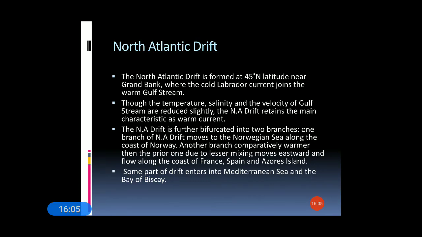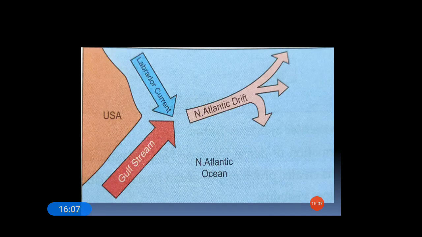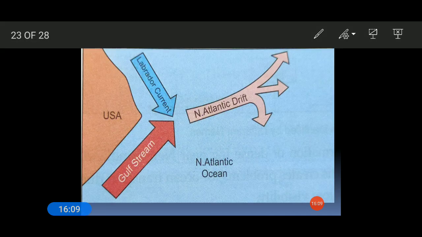Now look here first in this image. This is the North Atlantic Drift. From here it originates and moves towards the eastern side, and one branch moves towards the north along the coast of Norway. One branch moves towards the coast of France, Spain, and Azores Island, and one more branch moves towards the south.